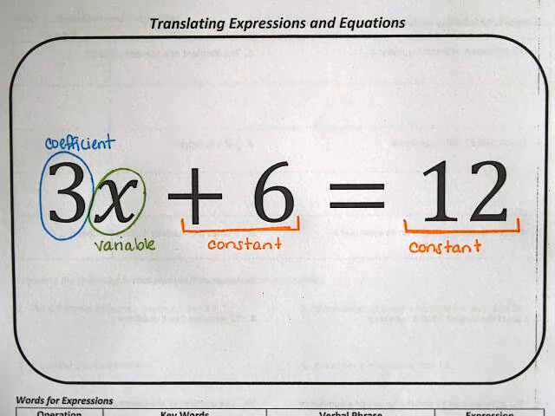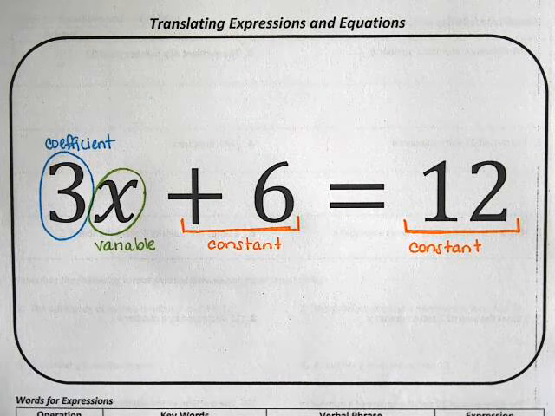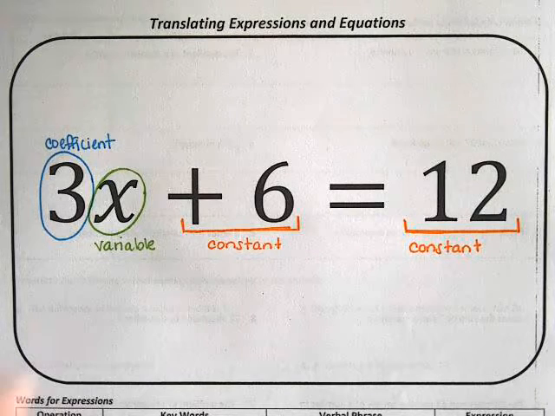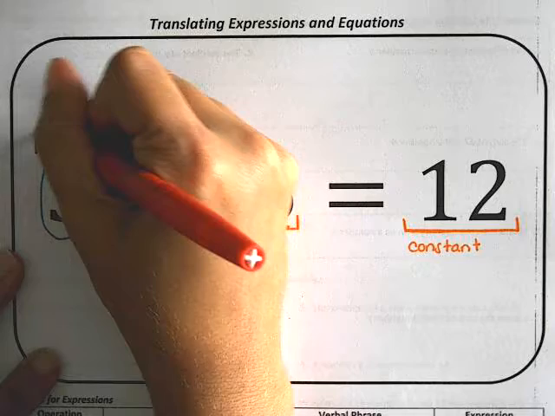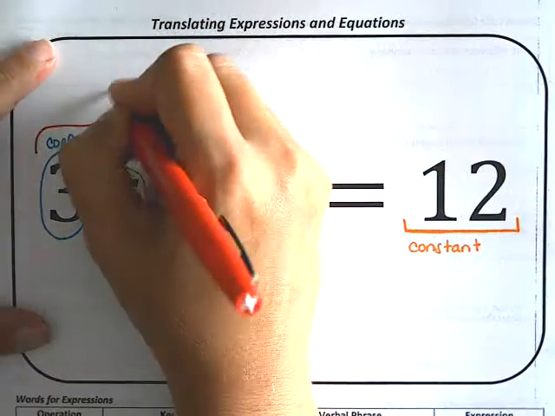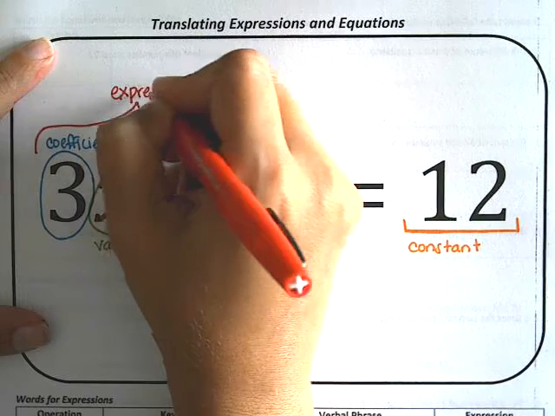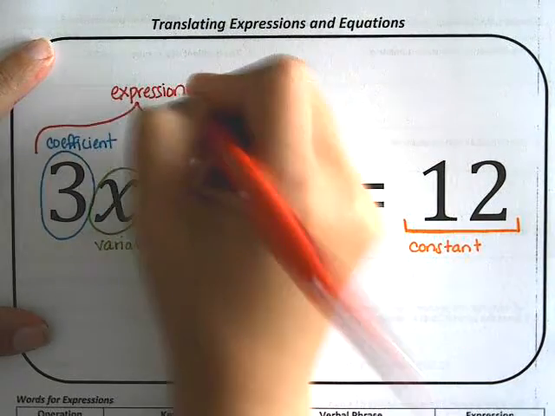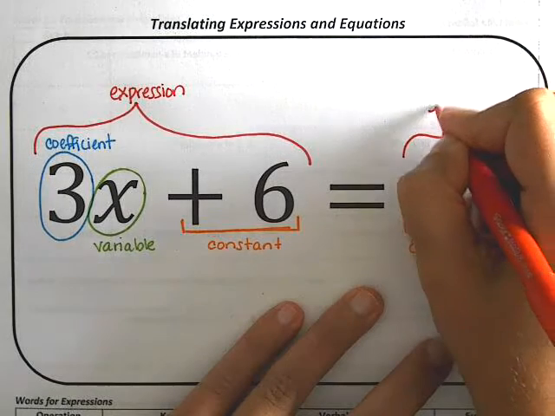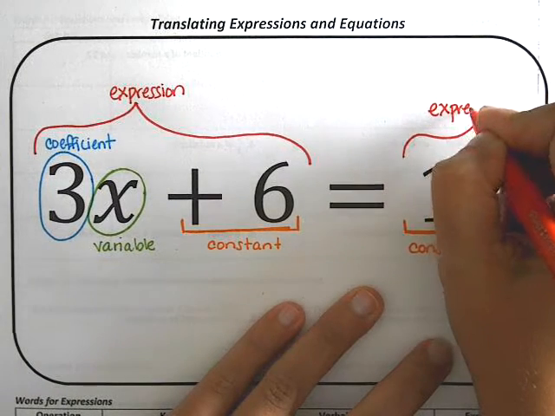Now, an expression is any algebraic combination of terms and variables that does not have an equal sign. So in this problem, this side of the equal sign would count as an expression, and this side of the equal sign would count as an expression.